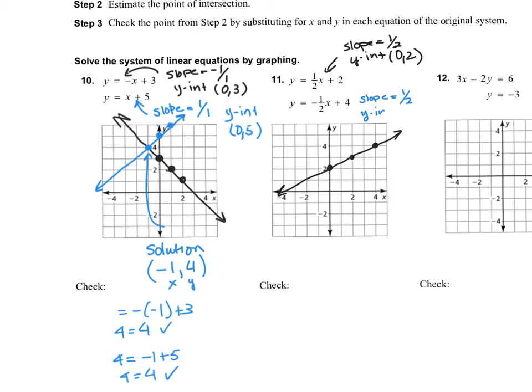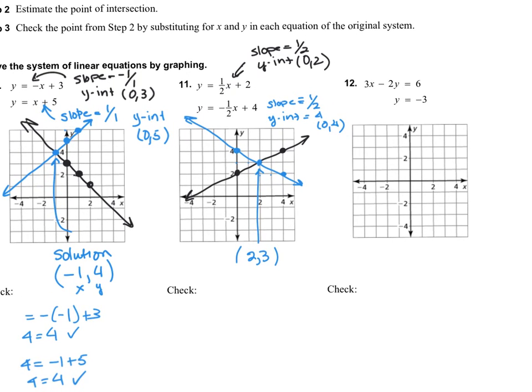Our y-intercept is (0, 4). And because the slope is negative, we go down 1 and to the right 2. Down 1, right 2. So our point of intersection is our solution, which is at (2, 3). And that's our solution. And you can also check that to make sure it's right.